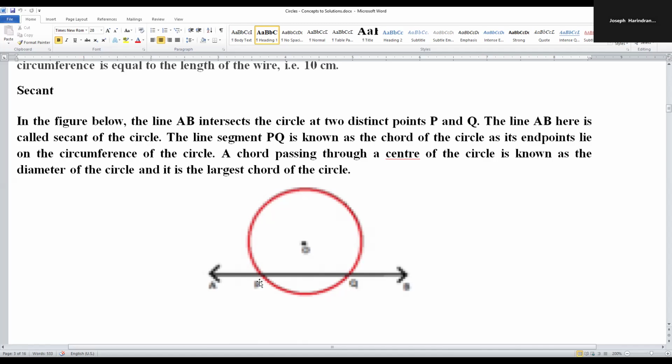The part of the line AB that lies within the circle is called the chord. A chord that passes through the center is called the diameter, and it is the largest chord of the circle.